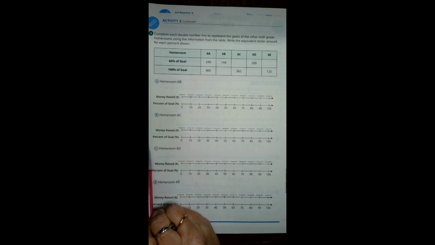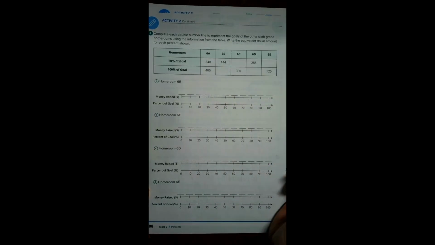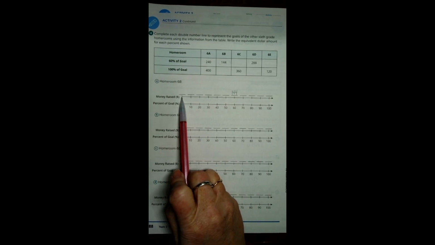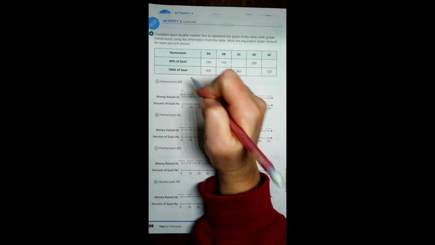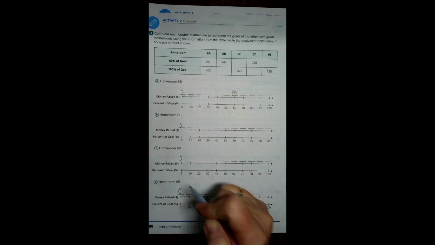So homeroom 6B. We're told 60% is 144. So right here at 60%, we're going to put 144. Now we need to figure out what the interval is. So between 0, right? If they raise 0%, it's $0, correct? We can put a 0 in the first one of each of these.